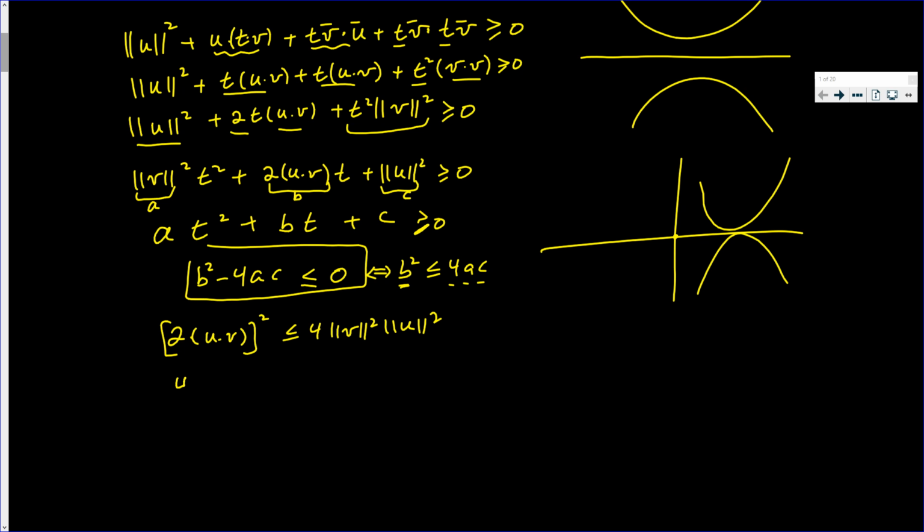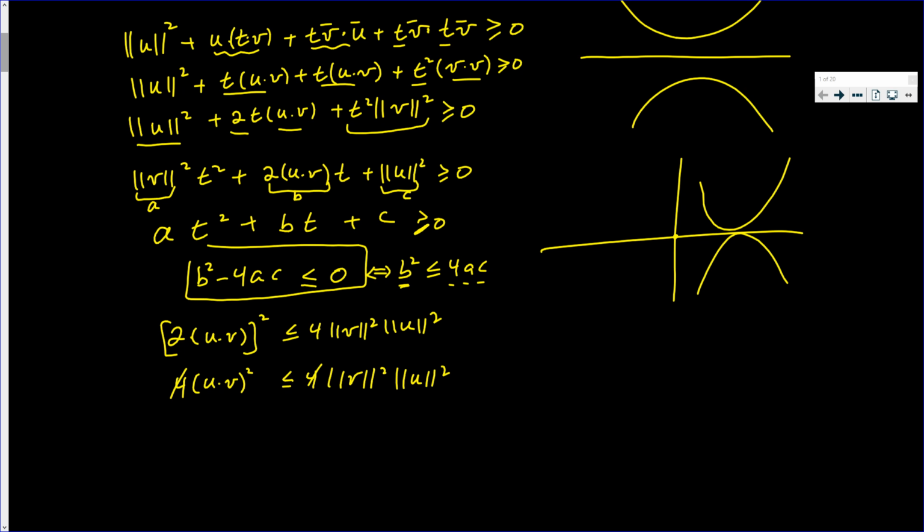Well, 2 squared is 4, times u dot v squared, and this is less than or equal to 4 times the length of v squared times the length of u squared.